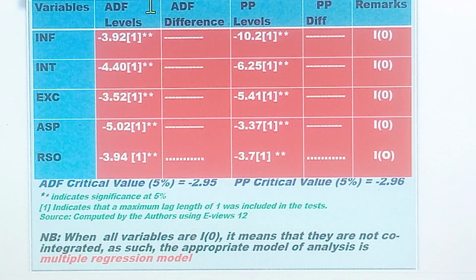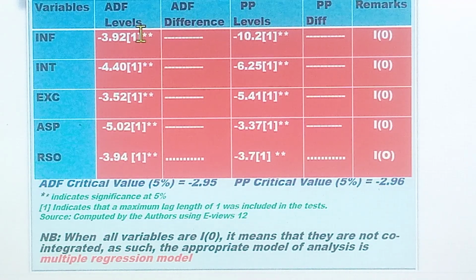Since it is stationary at level, there is no need to conduct a test at first difference. That is the reason for the dashes you are seeing here. Then to confirm the ADF test, we also run Phillips-Perron, and this is the result: 10.2 in absolute value compared with 2.96, the critical value. You see that the calculated value is greater than the critical value at 5%.